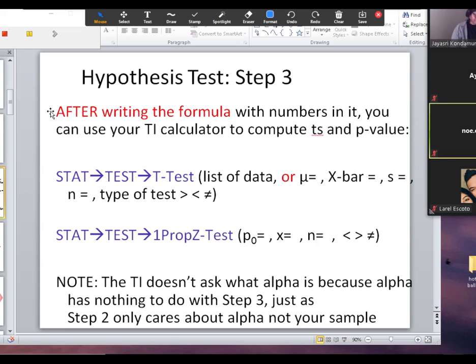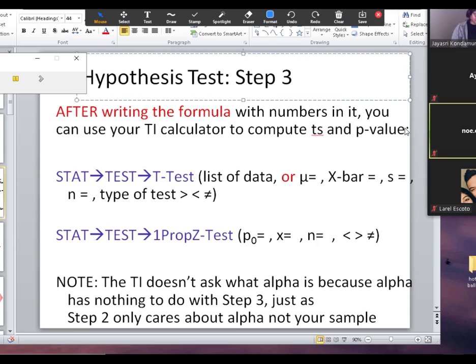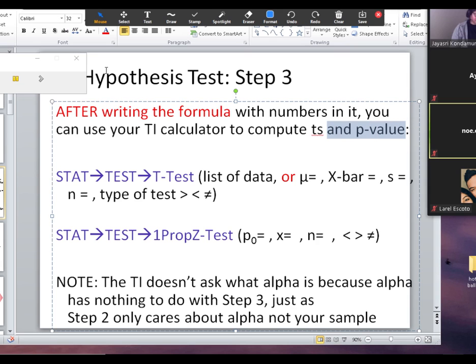So after you write those formulas with the numbers in them, then if you want, you can use your TI calculator to compute the test stat. Don't worry about the p-value. I'm not going to make you worry about it. It's the least of our worries this semester, so you can just cross that out.